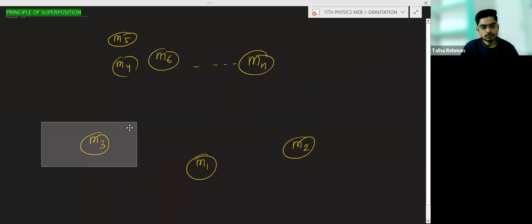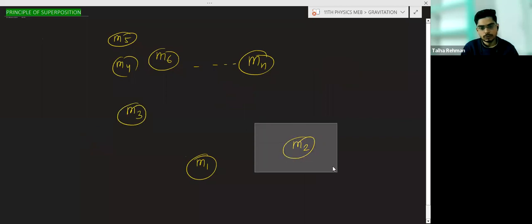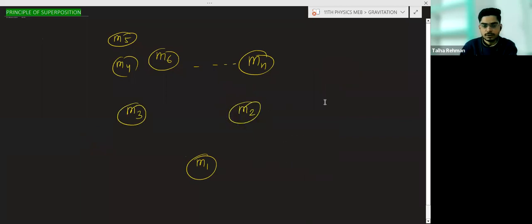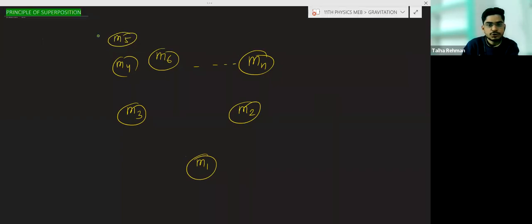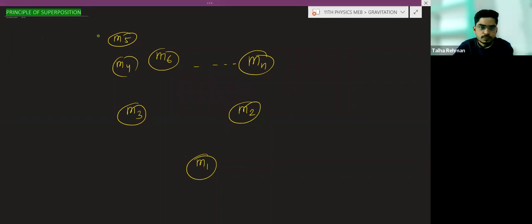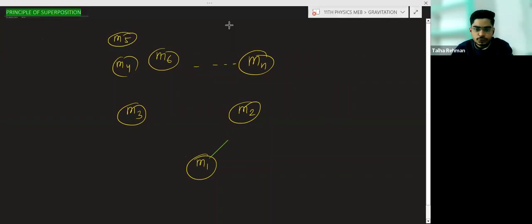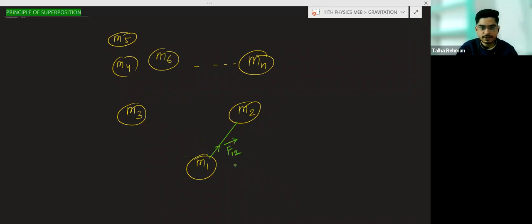Now this is m1. So on this m1, what will be the force due to m2? The force due to m2 will be this force on mass 1 due to 2, and the force is along the line joining the centers of the two masses. This will be F12, write it as a vector.